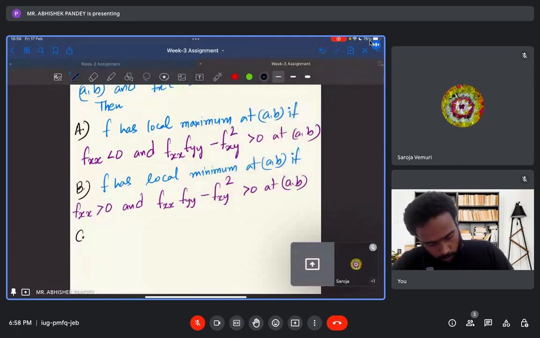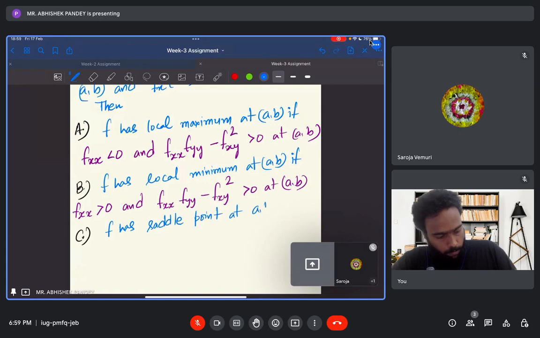The condition C is f has a saddle point at a comma b if fxx fyy minus fxy square is less than 0 at a comma b.